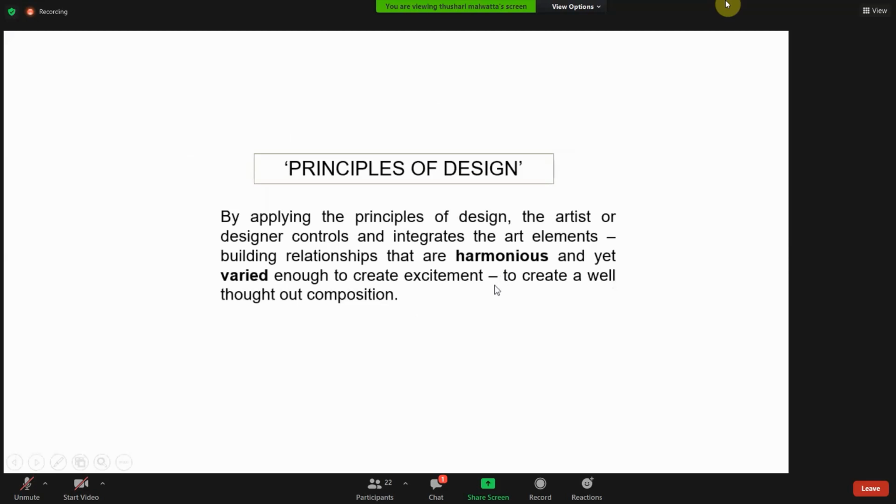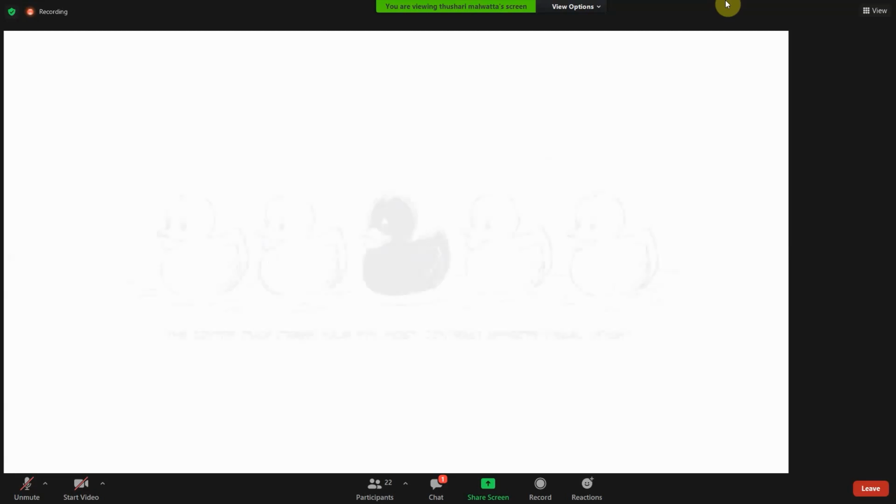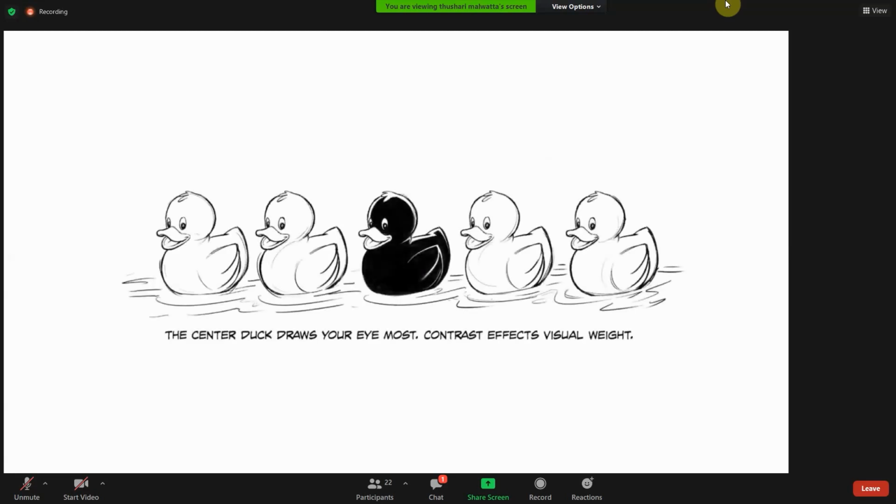By applying the principles of design, the artist or designer controls and integrates the art elements, building relationships that are harmonious and yet varied enough to create excitement, to create a well thought out composition. So, before moving into design elements and design principles one by one, I thought I should show these images to you.